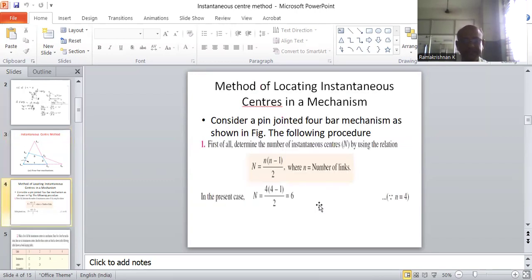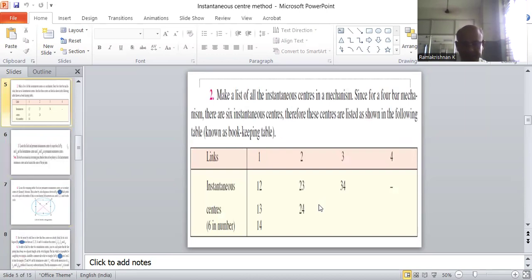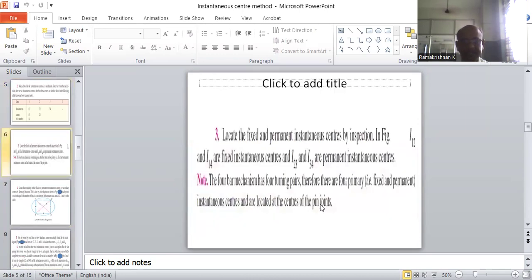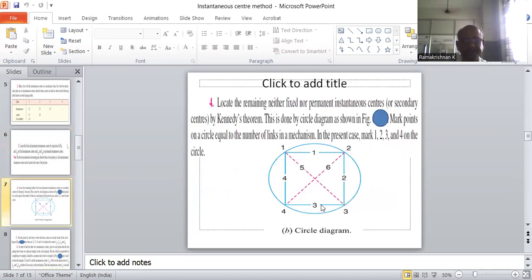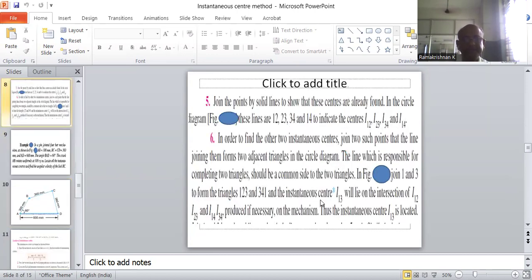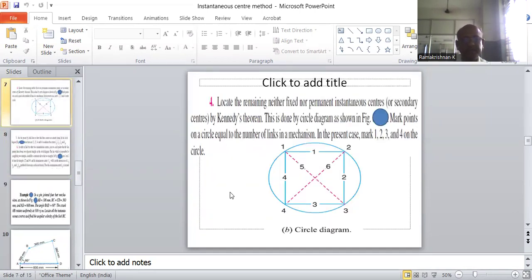So from this circle diagram, the last 2 instantaneous centers can be located. So in the next session, let us practice a problem to find the velocity by using this instantaneous center method.